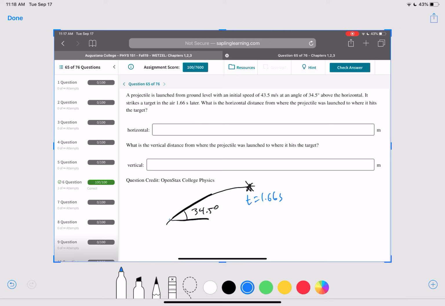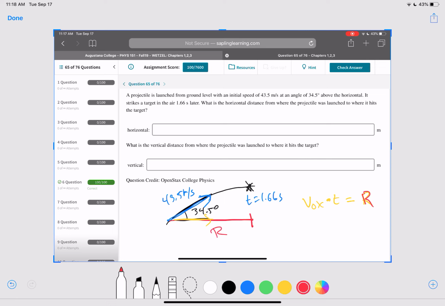So we want to know, okay, there's our initial velocity, 43.5 meters per second. We want to know how far over it hit that target. Well, this is easy. We want the x component of our velocity, and the x component of our velocity times time is going to equal the distance that we travel until we hit that point, r in this case.